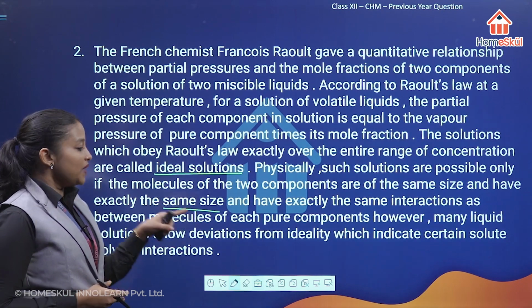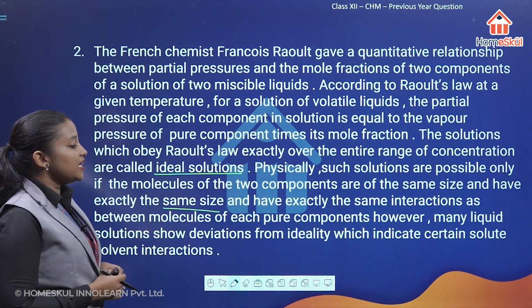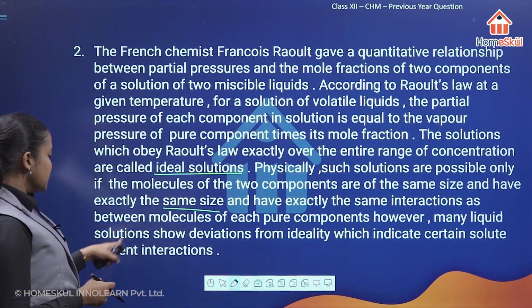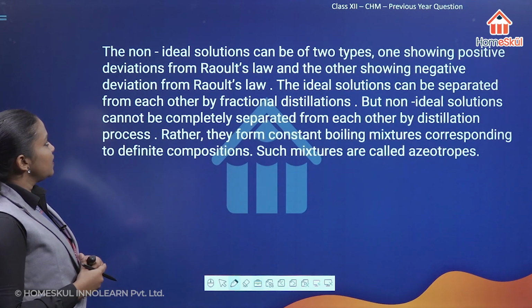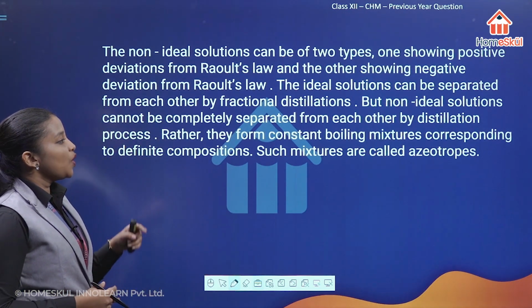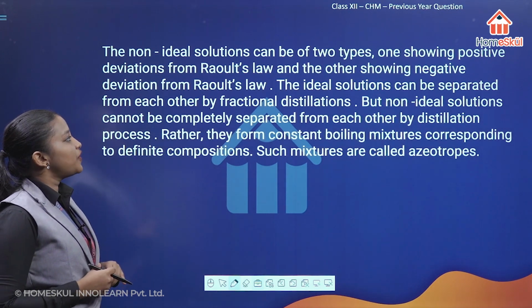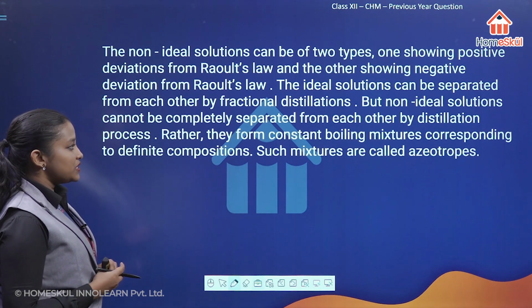However, many liquid solutions show deviations from ideality, which indicate certain solute-solvent interactions. The non-ideal solutions can be of two types: one showing positive deviation from Raoult's law and the other showing negative deviation from Raoult's law.